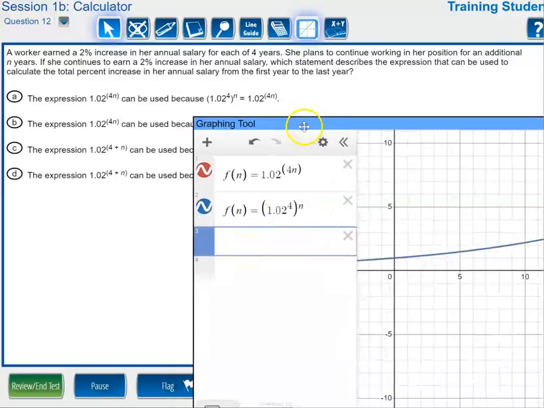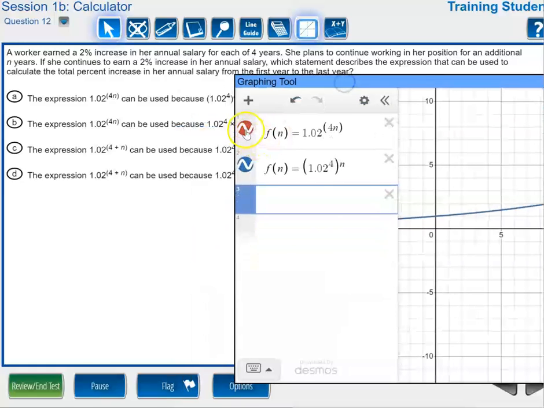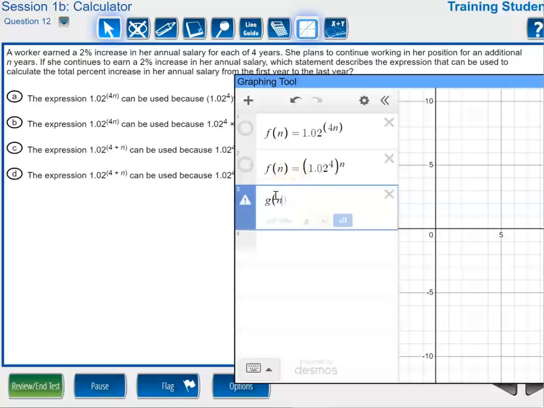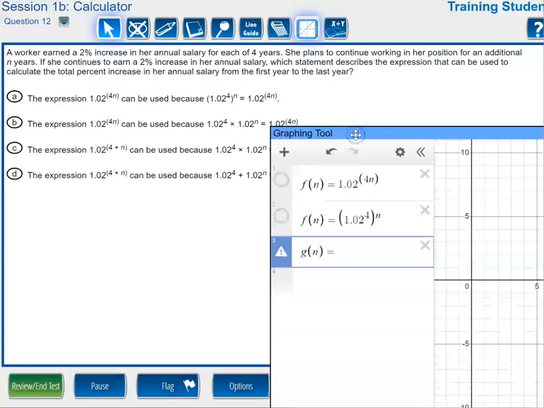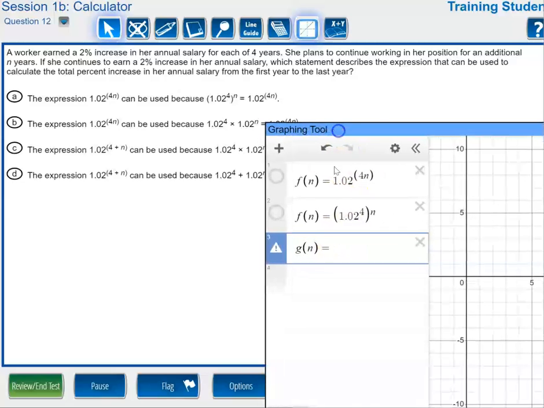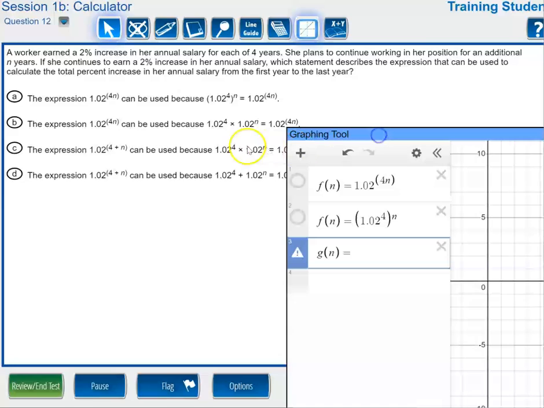So we're going to try the second one, and instead of getting rid of that one, I'm just going to turn it off, and I'm going to type in g of n equals 4 plus n. Now the first expression is f of n, so I'm doing g of n for this other one because it's got 1.02 to the 4th times 1.02 to the n.